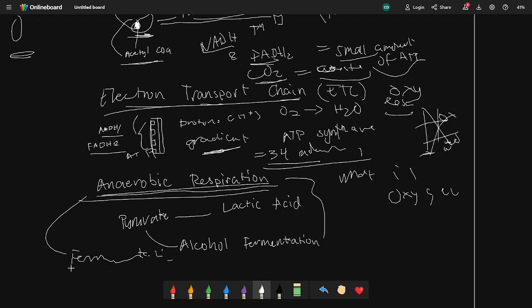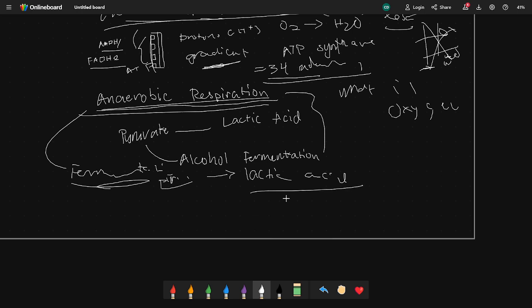In fermentation, the pyruvate from glycolysis is converted into lactic acid if you don't have any oxygen. This happens in animals, like in your muscle cells when you're exercising really hard, or into alcohol and carbon dioxide in yeast.